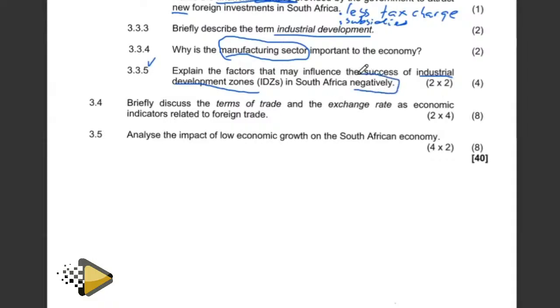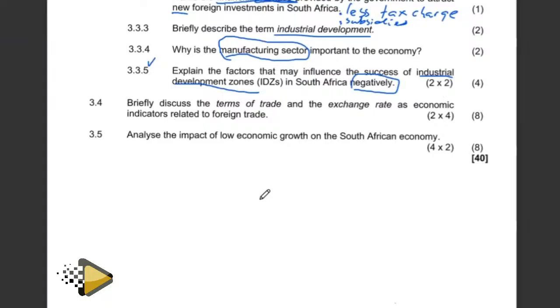So what I was actually trying to say is that whenever you are answering economics questions, you should always be in a position to understand what a question means, or to interpret a question, because the moment you fail to interpret the question, it's going to be a huge challenge for you to understand how you must approach that particular question.